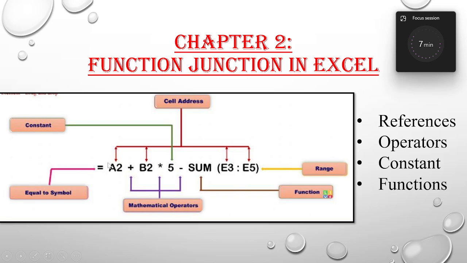When you start typing in any cell with equal, that indicates that you are entering a formula. In any other case, normally you will be entering a number or name, alphabets. It is just text that you are entering. But when you are entering any formula, make sure you start with the equal symbol.